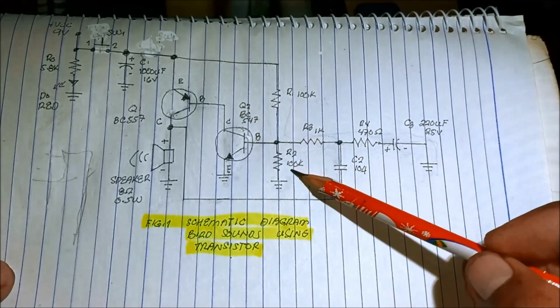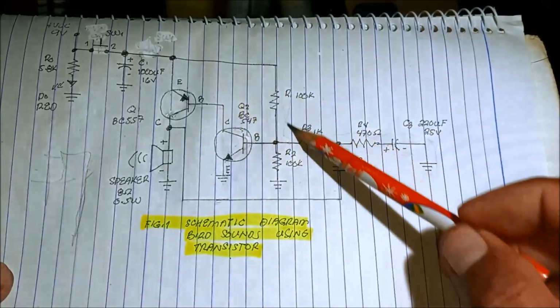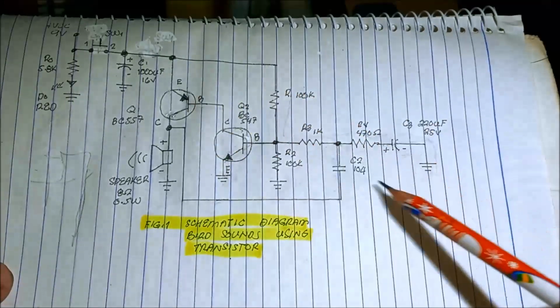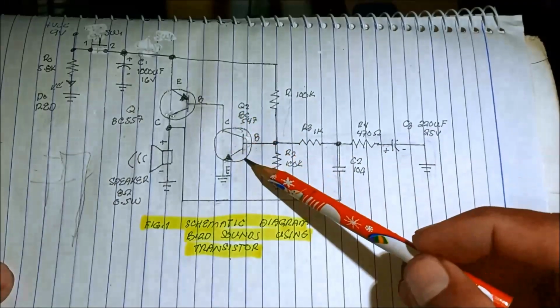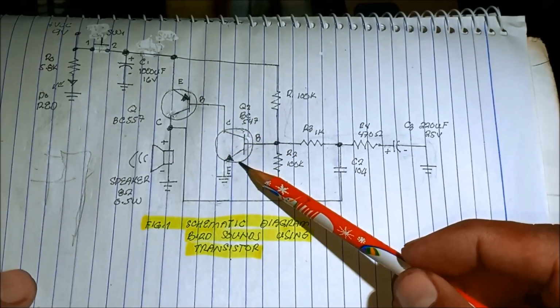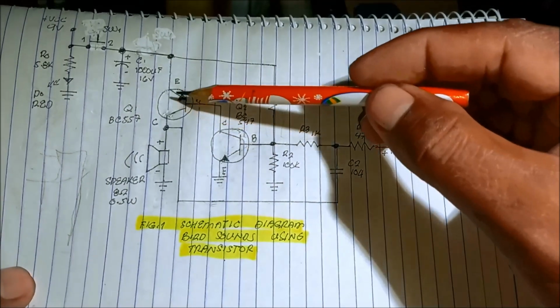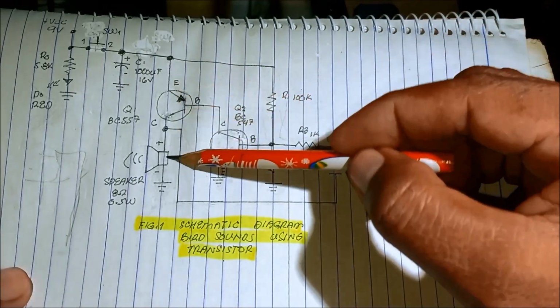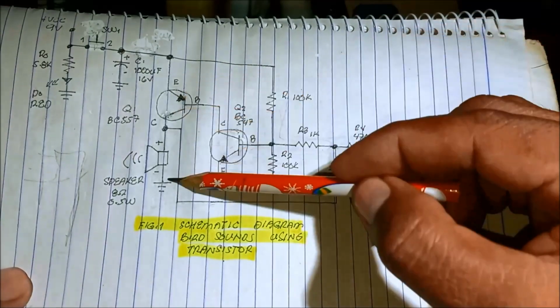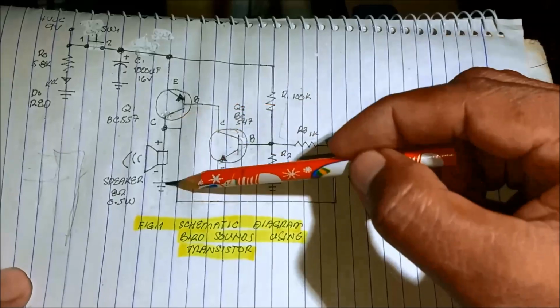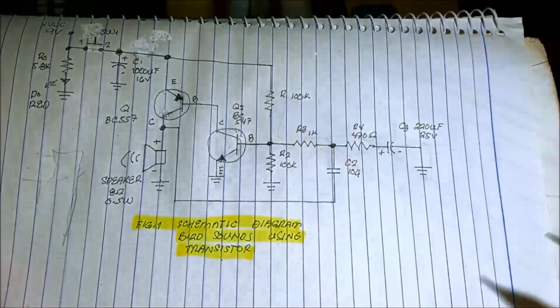Charge first, then discharging, charge, discharge, charge, discharge. These two capacitors are in a cycle of on, then off, on, off, on, off, on, off, on, off, on, off.